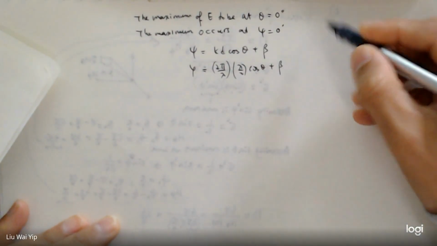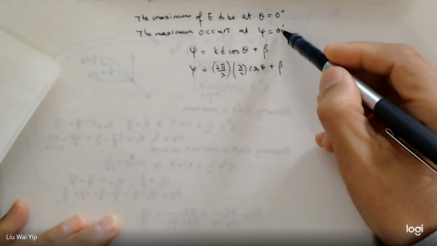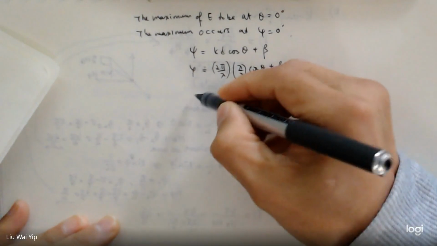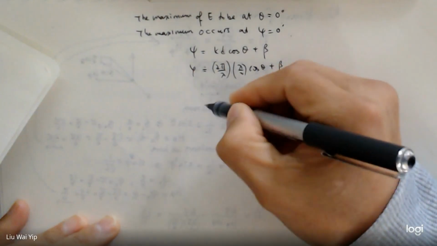Now, the next thing that we are going to do is to substitute these values, and we need to find out the value of beta.